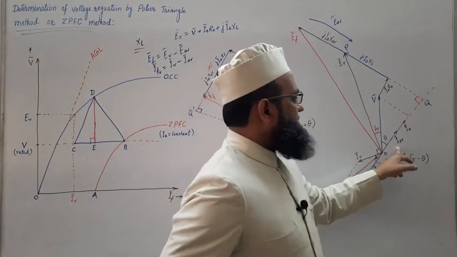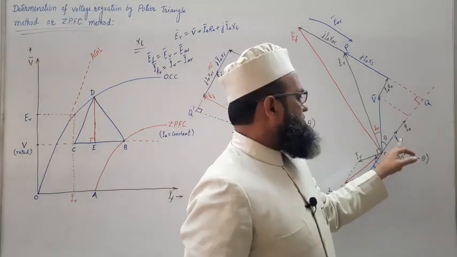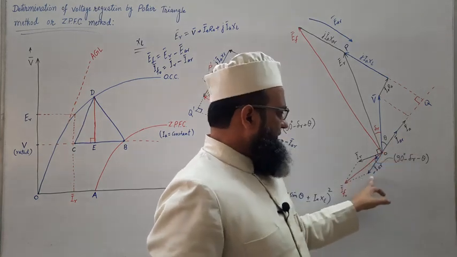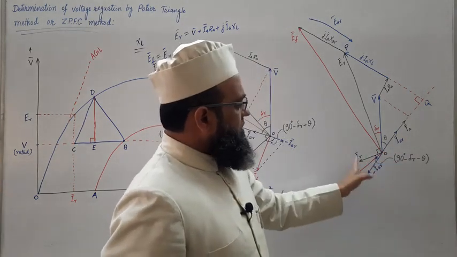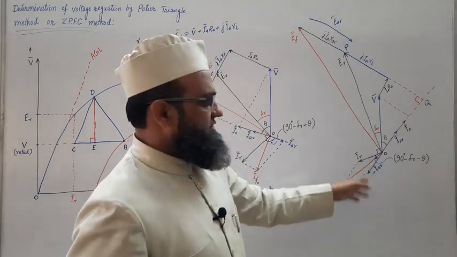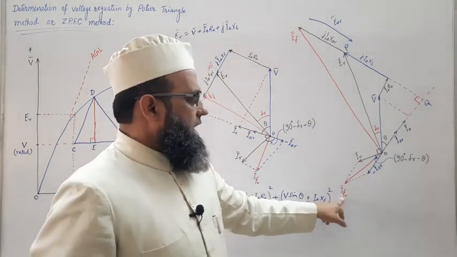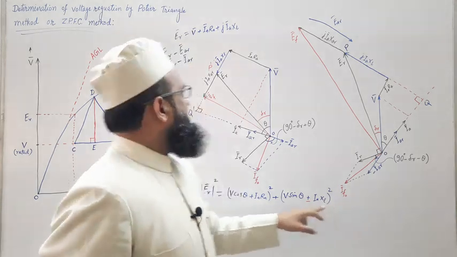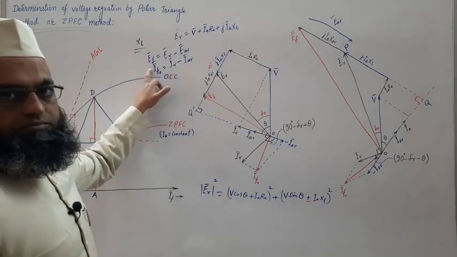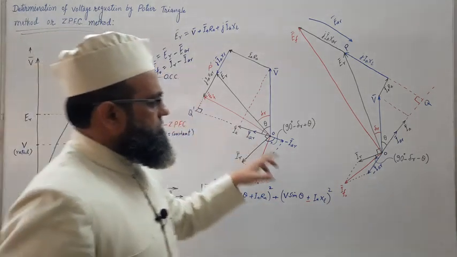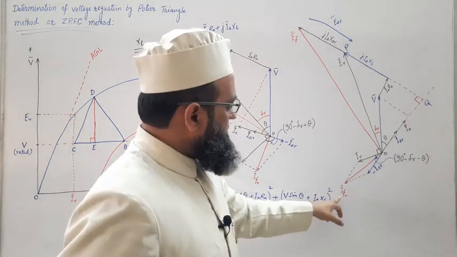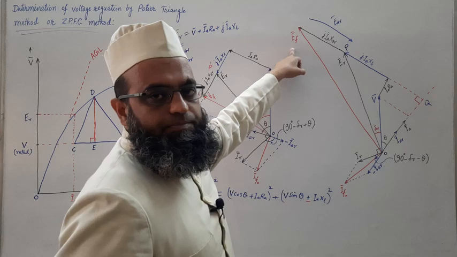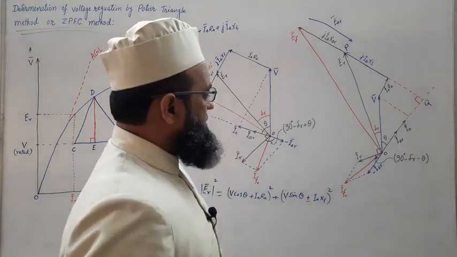So IaR is in phase with Ia. So minus IaR will be opposite to that, this, and this is Ir. So vector sum of these two phasors will give you If0, this If0. The main field current corresponding to no load EMF. Fine.